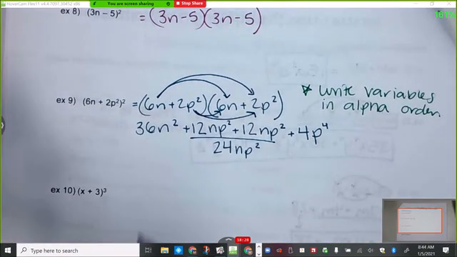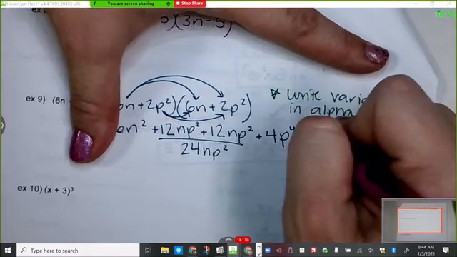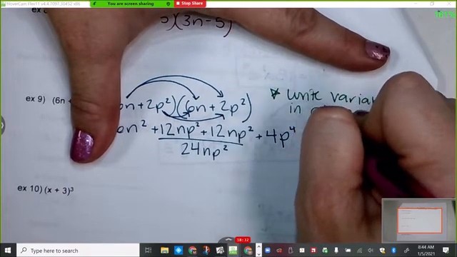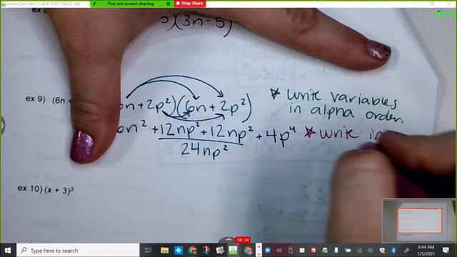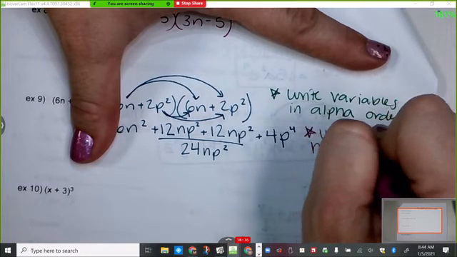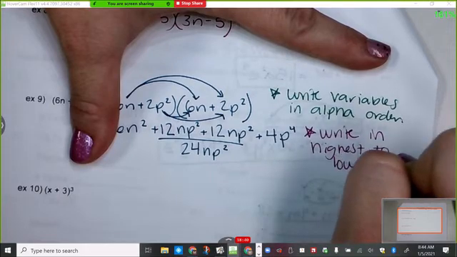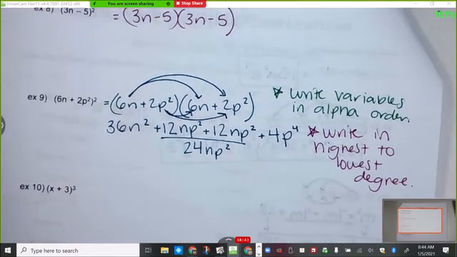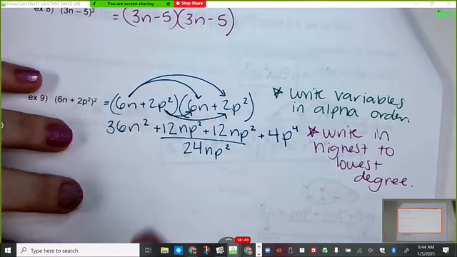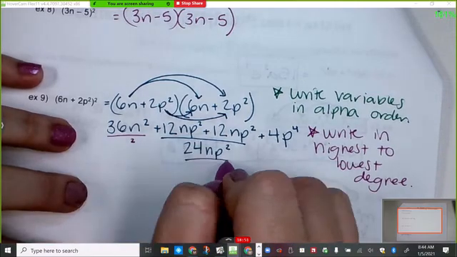Another tidbit is they're supposed to be written in highest to lowest degree. Do you remember talking about degrees yesterday? Okay, so this is a degree of 2. What's the degree of the middle?